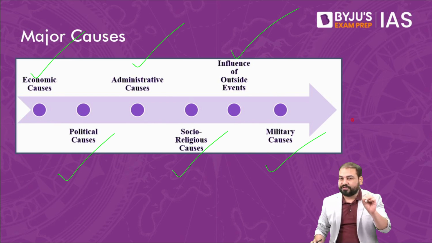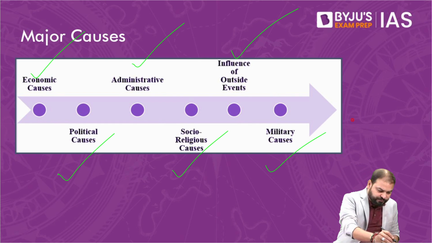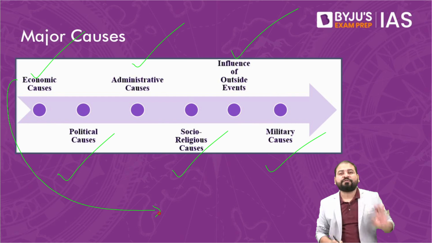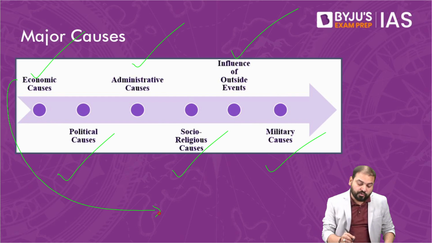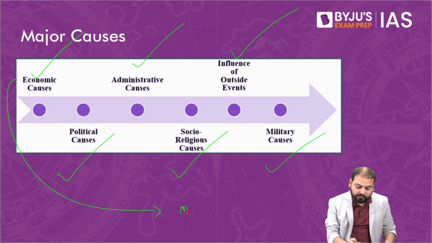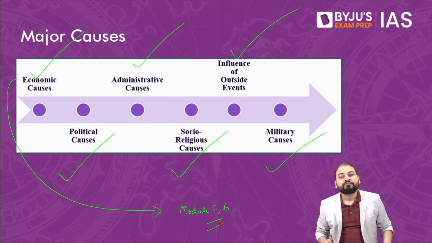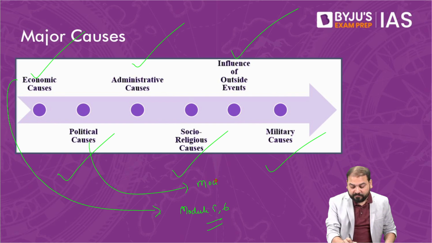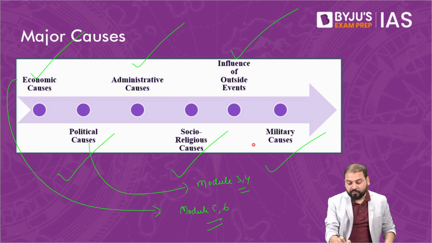Everyone who is in this class, let me tell you, most of the economic causes you have studied in module 5 and module 6. Political causes you have studied in module 3 and module 4.